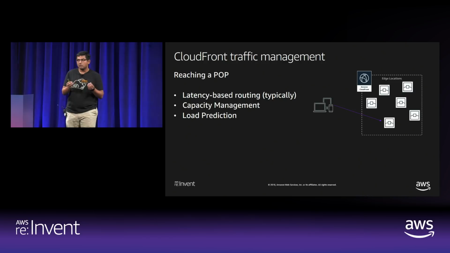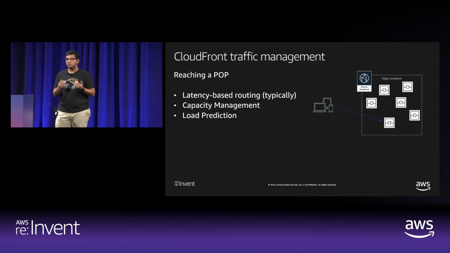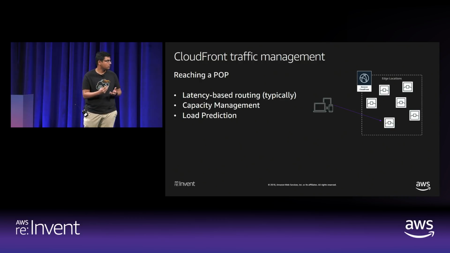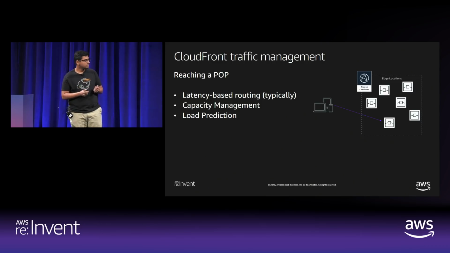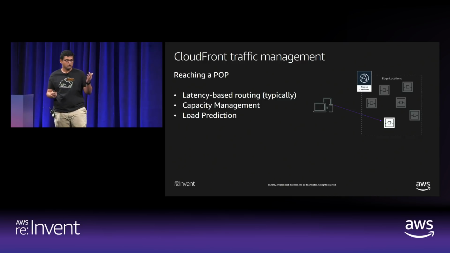What does this mean? Well, CloudFront collects latency measurements from thousands of viewer networks, and this helps us determine what is the best POP in terms of latency for that viewer, and also how much load is being brought on by viewers behind that network. So these factors, along with the capacity of the POP itself, tell us the best possible location to route the traffic.